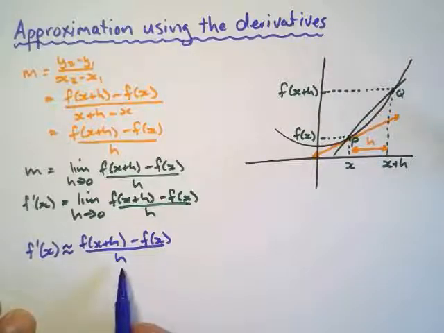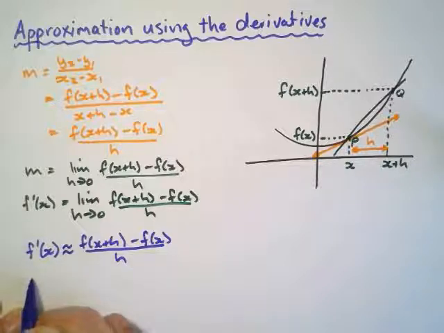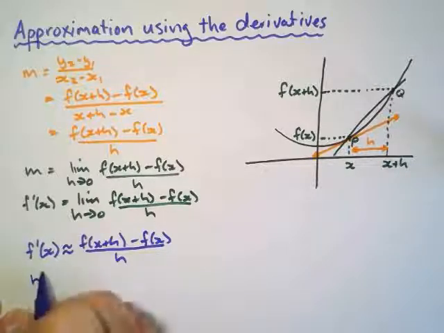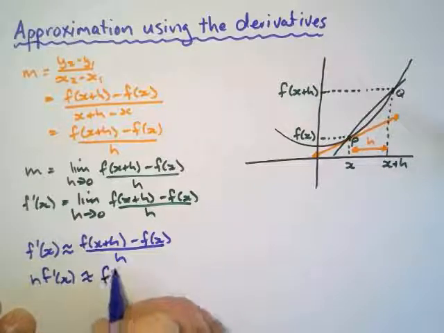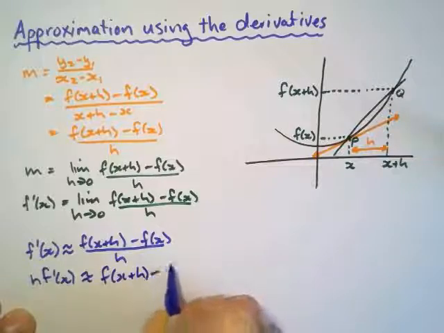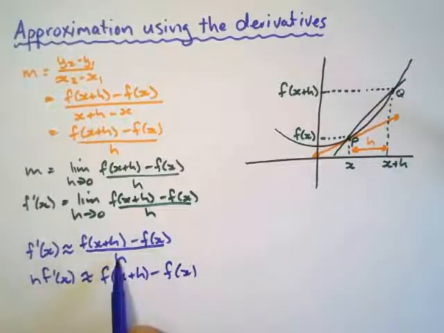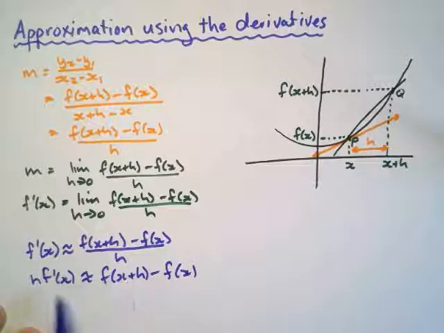Now if I rearrange this, I'm going to multiply by h on both sides. I'm going to get h times the derivative of f at x is going to be equal to f(x plus h) minus f(x). So all I did was multiply by h on both sides. What I'm then going to do is bring this to its own side.